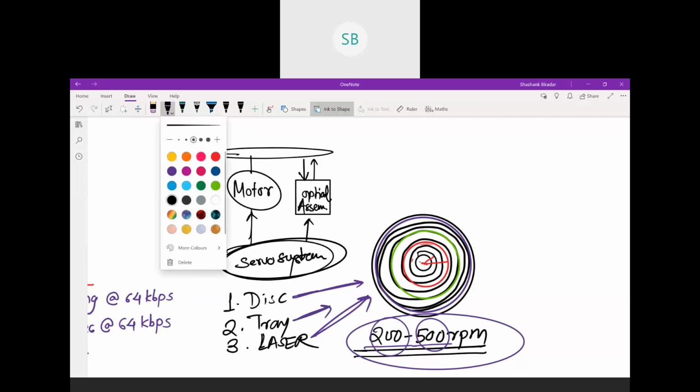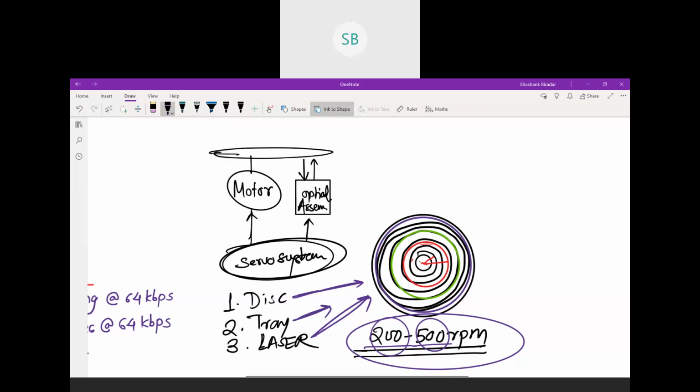Coming to the next, this is the optical assembly. The data is read with the help of what? The photodiode. This photodiode is important. For control and synchronization, we have the control and sync mechanism over here.